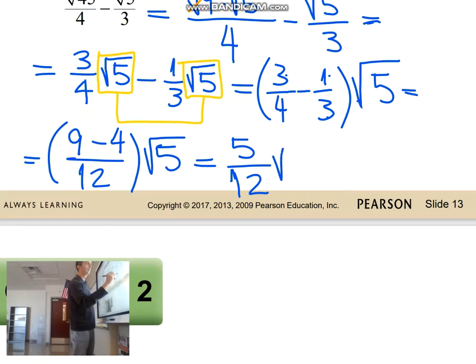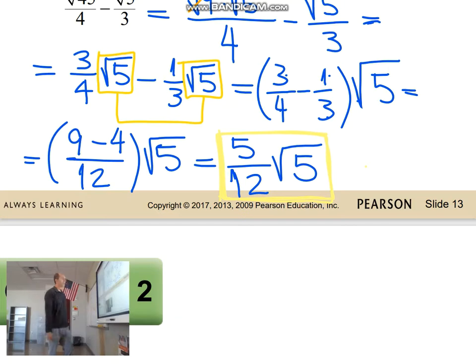That's right, square root of 5. Check if I did all the calculations right. I think so, because the answer is going to be 5 over 12 square root of 5.